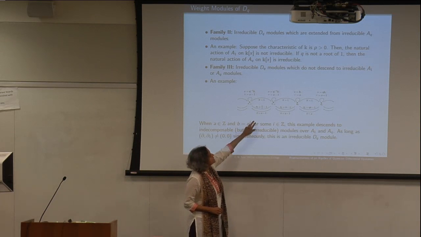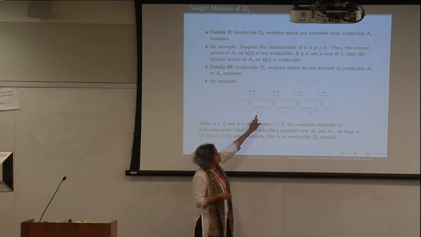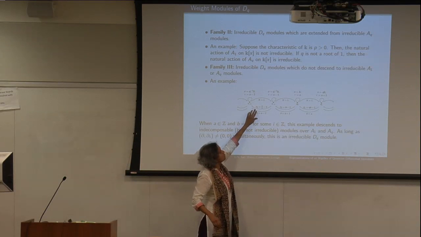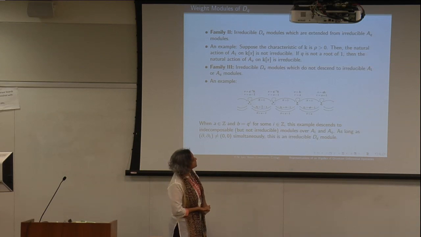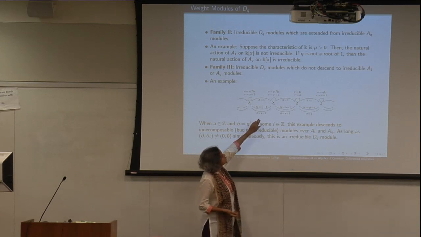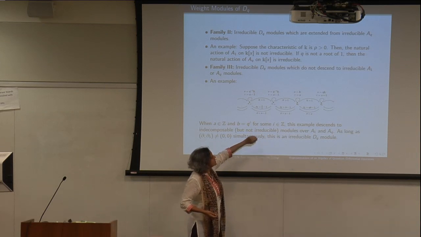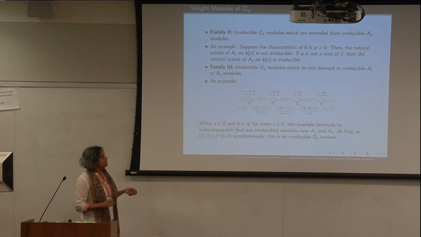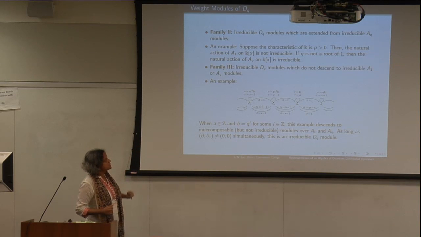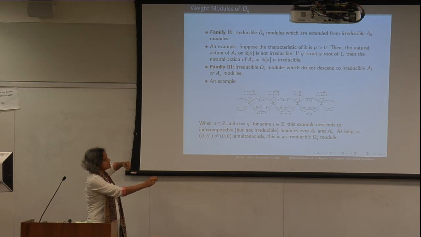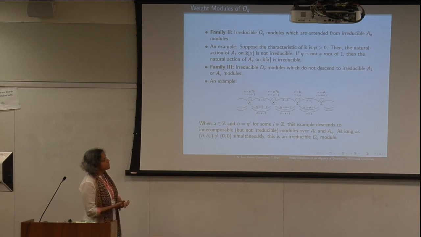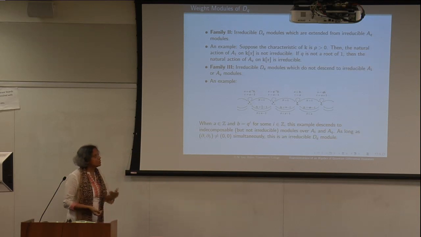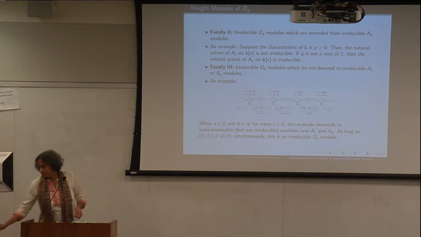I have two operators. One is del, that gives me the Weyl algebra, and del 1 gives me the quantum Weyl algebra. As long as I choose my A and B such that they are not simultaneously 0, I have an irreducible DQ module. But if they were 0 at different places, then this particular module is neither A1 nor AQ irreducible.